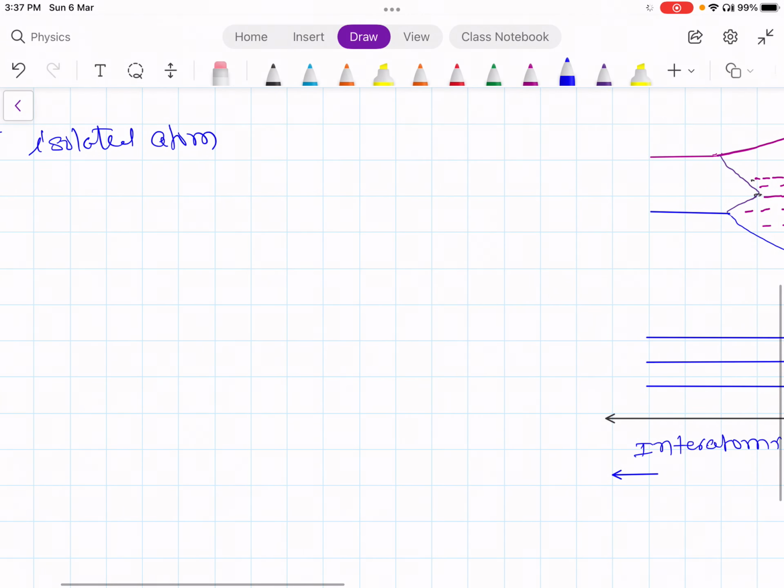So this is 1s energy level which has 2 electrons. This is 2s energy level which has 2 electrons, and this is 2p energy level which is having 6 electrons in silicon.